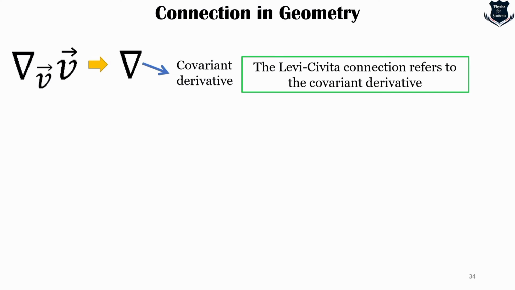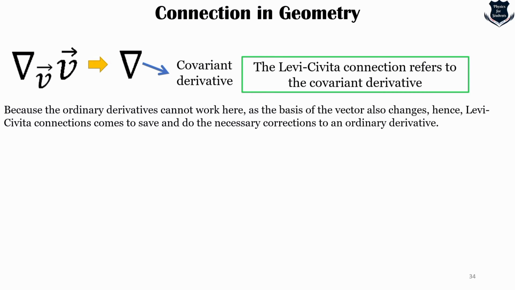A nice intuitive way to think about these connection coefficients is as corrections of an ordinary derivative, right? The ordinary derivative cannot work here because the basis of the vector changes, and how it changes I will demonstrate to you soon. Hence, the Levi-Civita connection comes to save this and make the necessary corrections to an ordinary derivative.